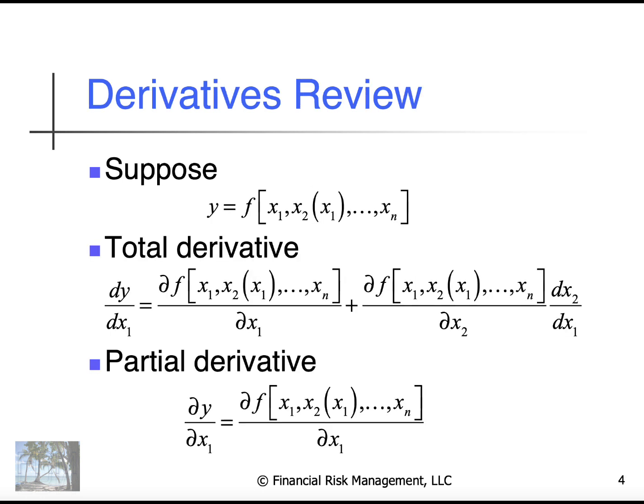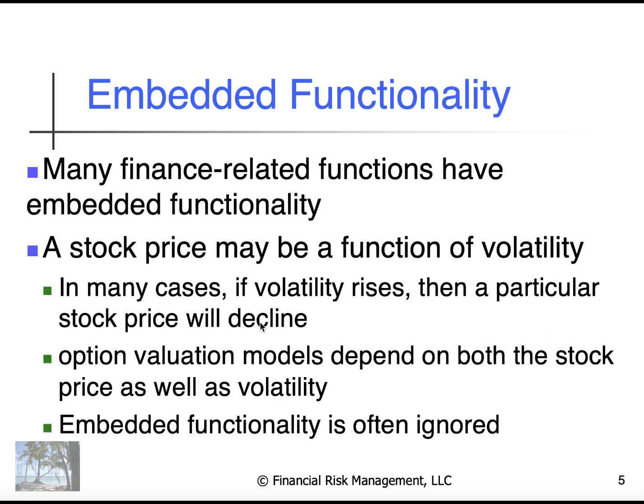So if we have some function where x2 is explicitly identified to be a function of x1, the total derivative would have to take into account the sensitivity of x2 to x1. The partial derivative would ignore it.